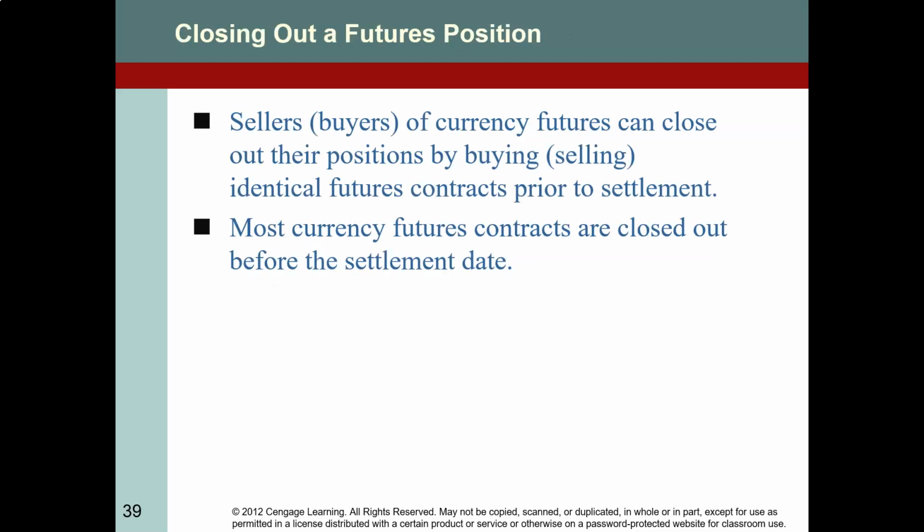Closing out a futures position. Sellers or buyers of currency futures can close out their positions by buying or selling identical futures contracts prior to settlement. Most currency futures contracts are closed out before the settlement date.